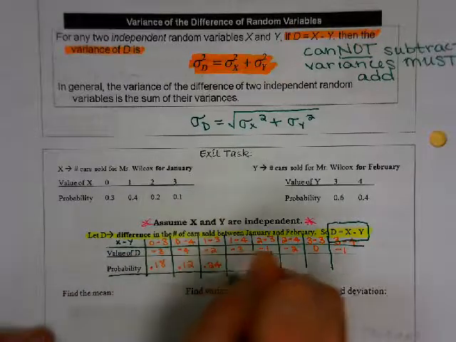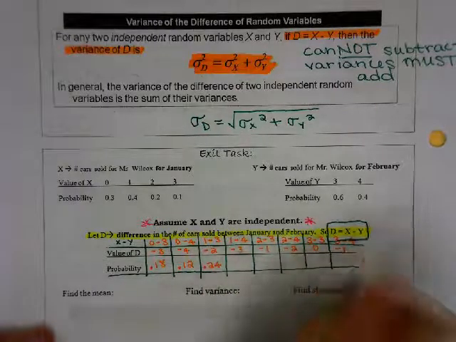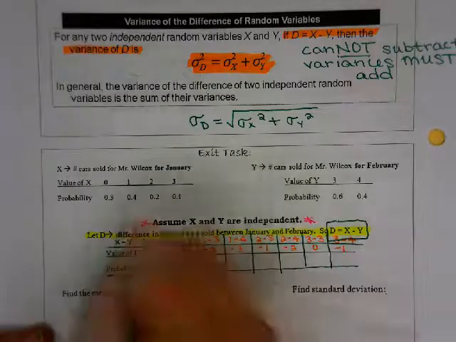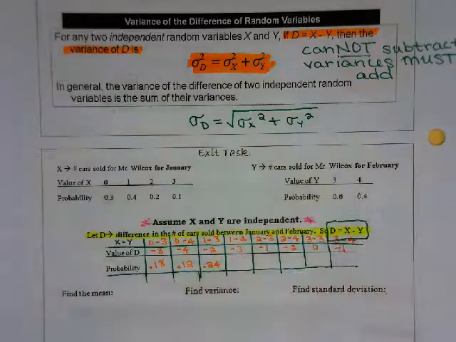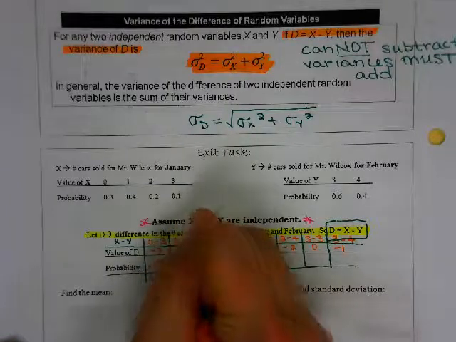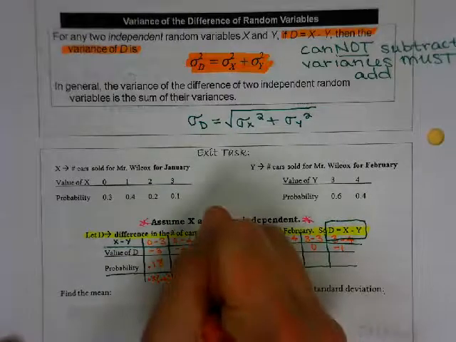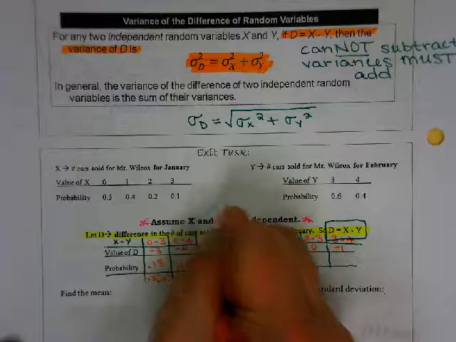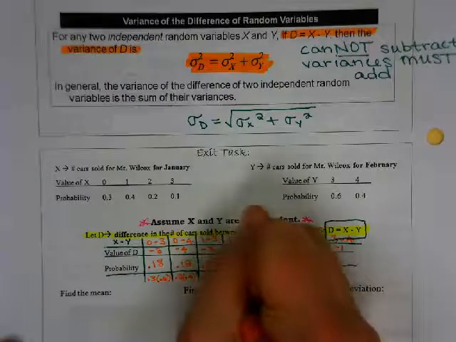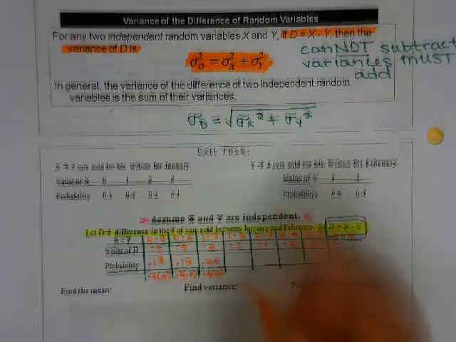So this one's 0.3 times 0.6. This one's 0.3 times 0.4. This one's 0.4 times 0.6. And then I would have 0.4 times 0.4, which is 0.16.